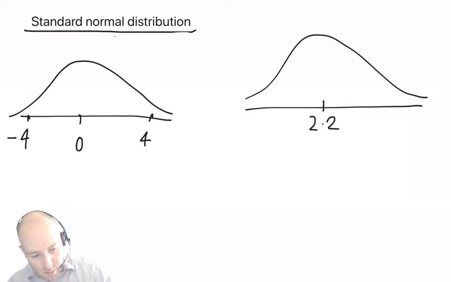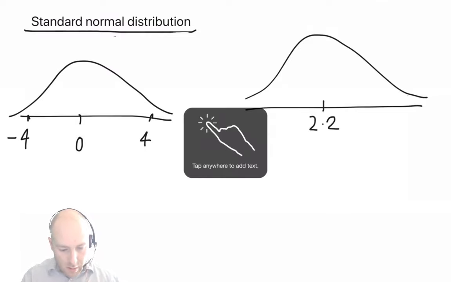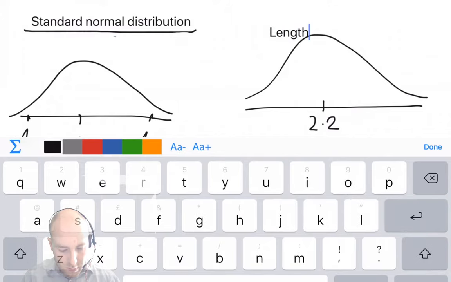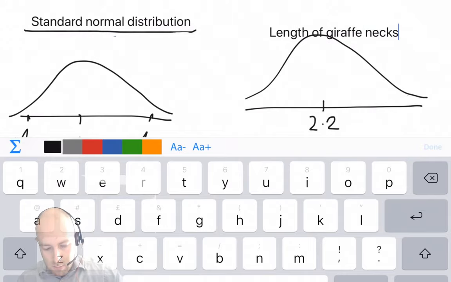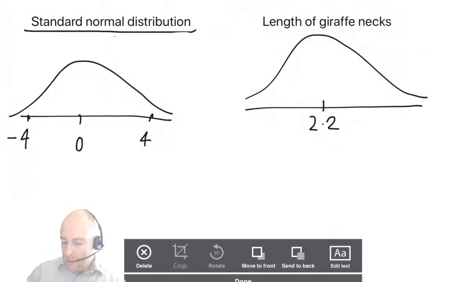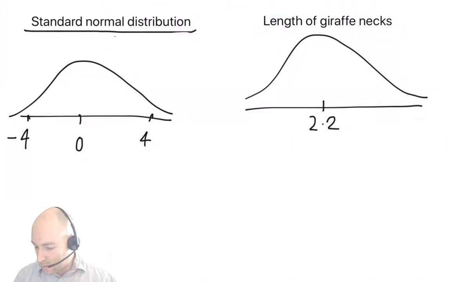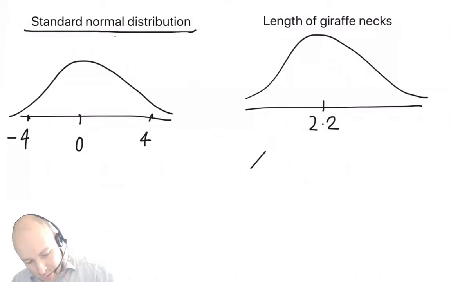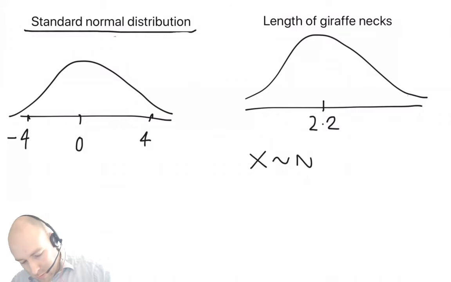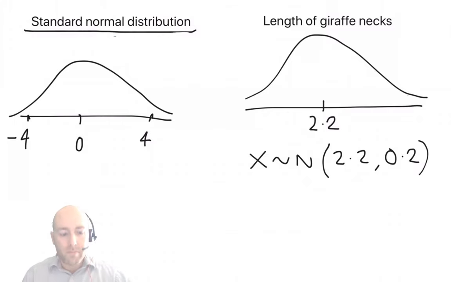So let's put that in here. Length of giraffe necks. I actually Googled this yesterday, so it would be accurate data. So the length of giraffe necks has an average of 2.2. So we'll say X is a normal with a mean of 2.2 and standard deviation 0.2.